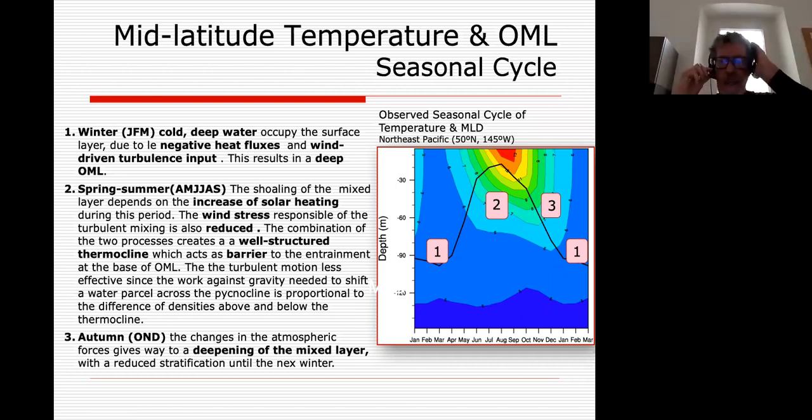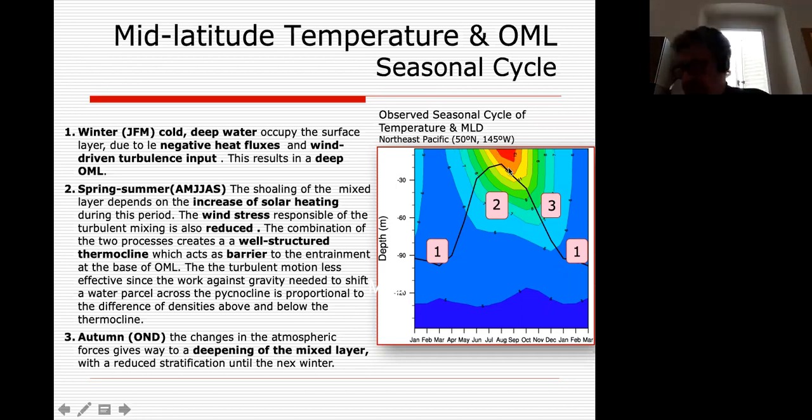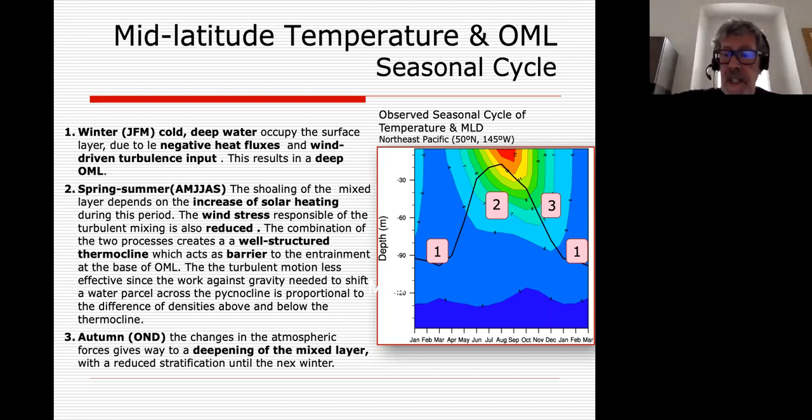The heat fluxes make the upper part warmer, but this increases the temperature gradient, and also the density gradient is increased, and so the turbulence flux due to entrainment at the base of the ocean mixed layer is also reduced. So you have the very nice summer picture that you can find here in this red spot.